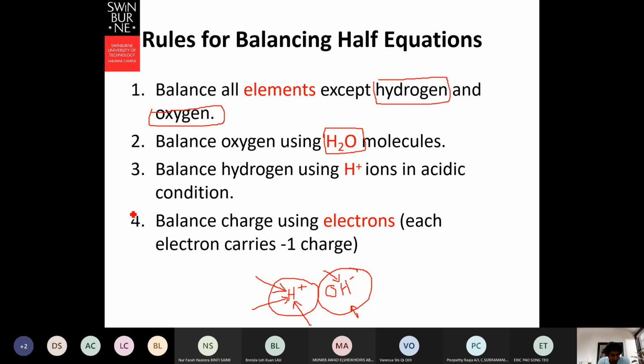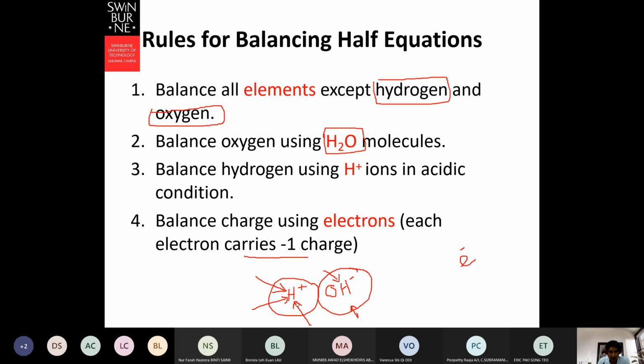Rule number 4 says balance the charge using electrons. Each electron carries -1 charge. This means 1 electron means 1 negative charge.